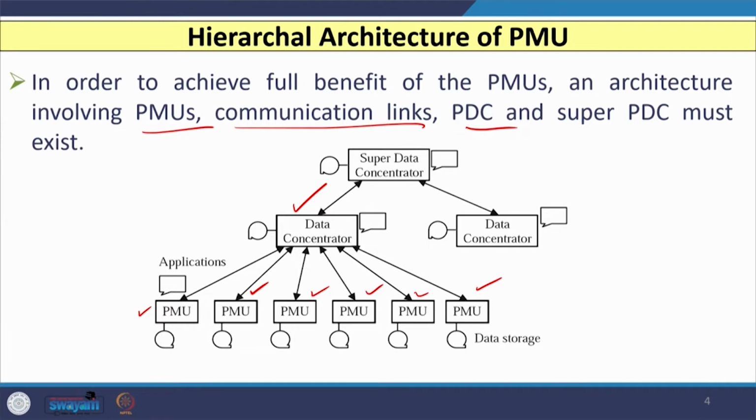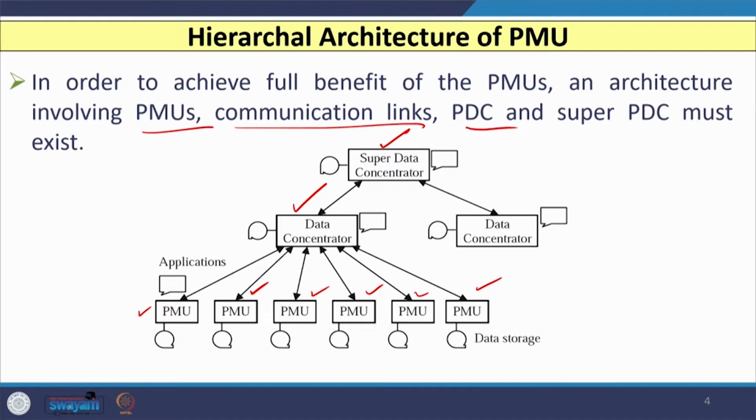So, we have several phasor data concentrators installed, and these phasor data concentrators can be region wise, state wise, or province wise. And then the output of these phasor data concentrators will be given to the super phasor data concentrator, which is available at a particular location. Let us say we have a national grid, then we have a regional grid, then we have a state level grid.